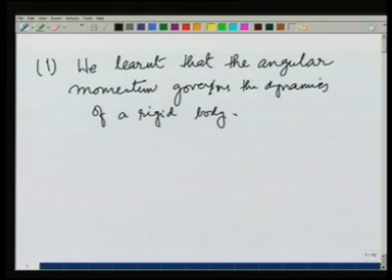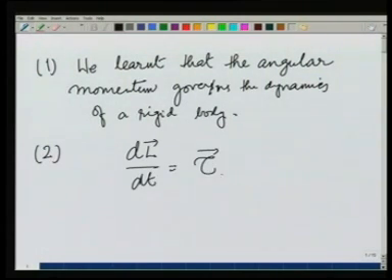This plays a central role. Angular momentum changes according to dL over dt equals tau external, which depends on the point about which we are taking the torque and the angular momentum.